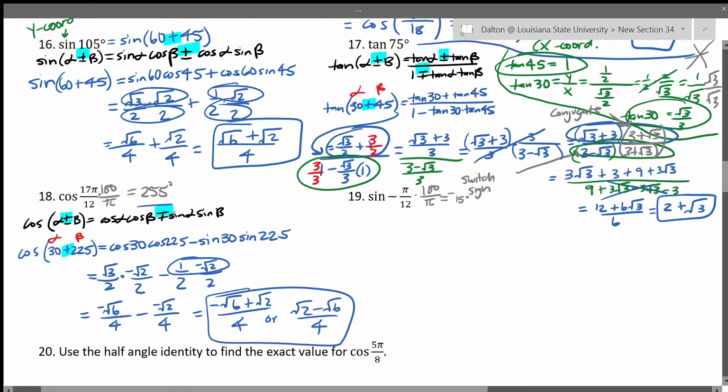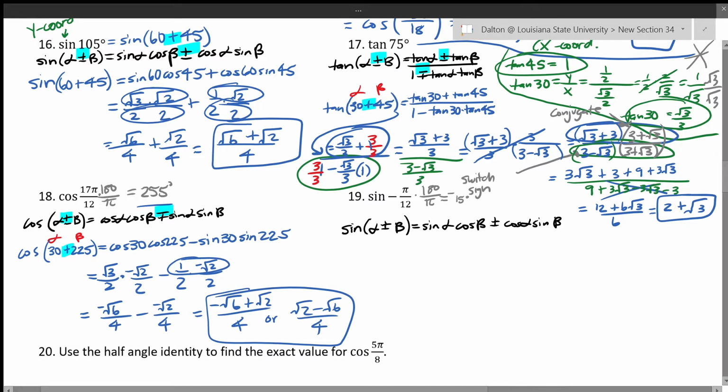Let's go ahead and write the sine identity first. I know that the sine of alpha plus or minus beta is going to be sine alpha times cosine beta plus or minus cosine alpha times sine beta.